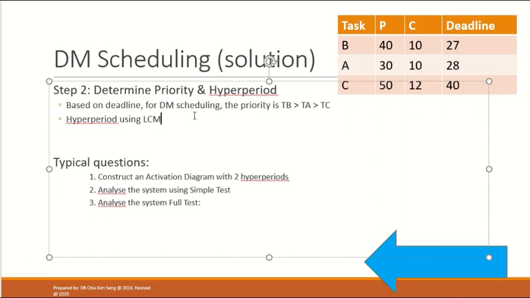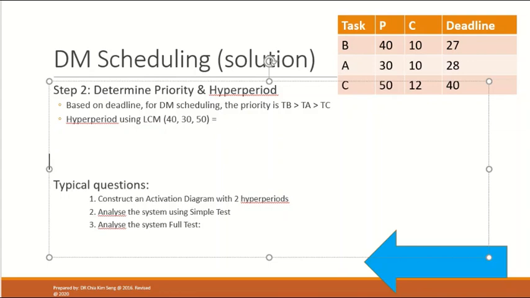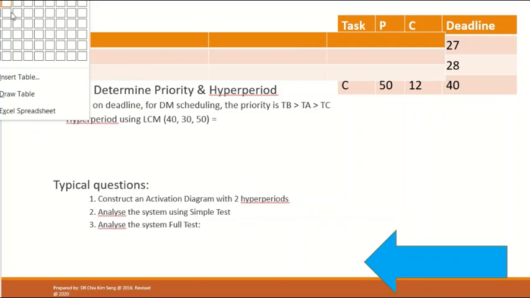For LCM, because it's a period, you put the period into this function. For the first one, what is the least multiplier? One of you asked me this, and I figured it out using a table.